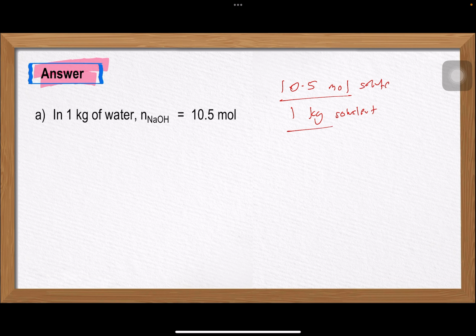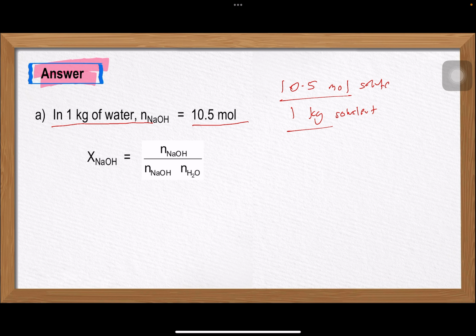So in 1 kilogram solvent have 10.5 mol. So from here we already have some number, the mol and volume of solution.